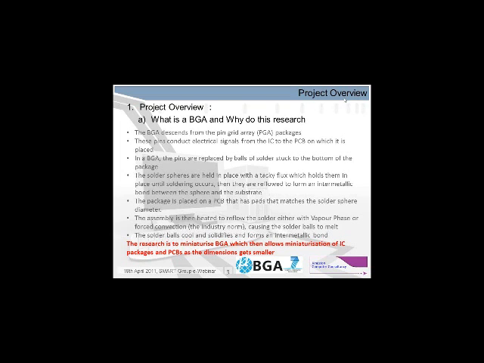In BGA, ball grid array, the pins are replaced by balls of solder attached to the bottom of the package. The solder spheres are held in place with tacky flux until soldering occurs, when they're reflowed to form intermetallic bonds between the package and the substrate.